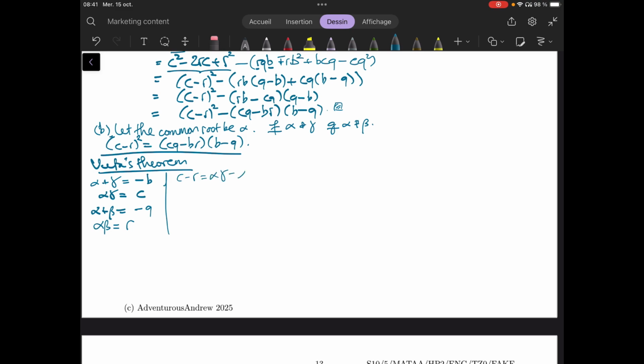C minus r is alpha gamma minus alpha beta. Factorize wherever possible. We have this. cq minus br. What can we simplify? We can simplify alpha, beta, gamma. So we are left with this.